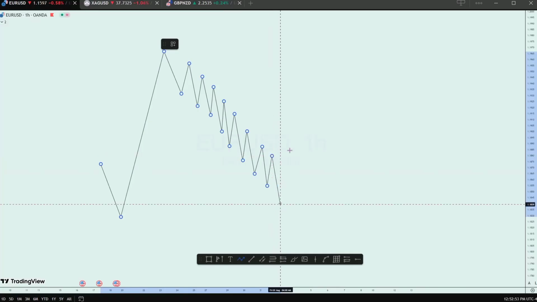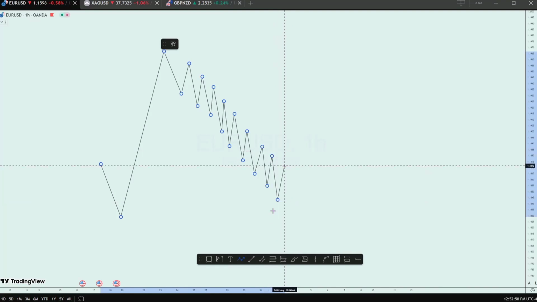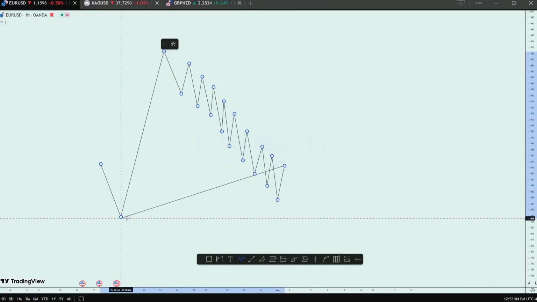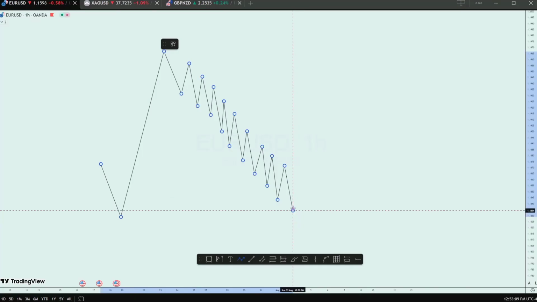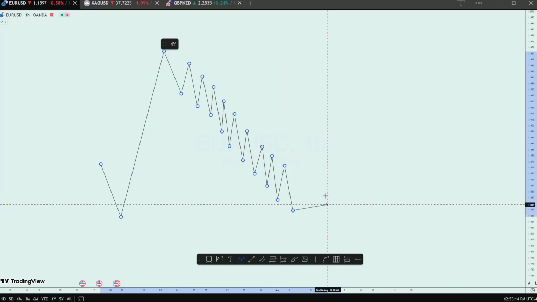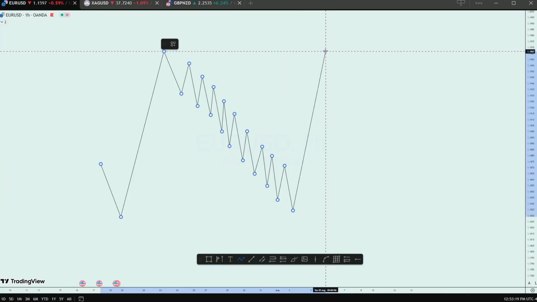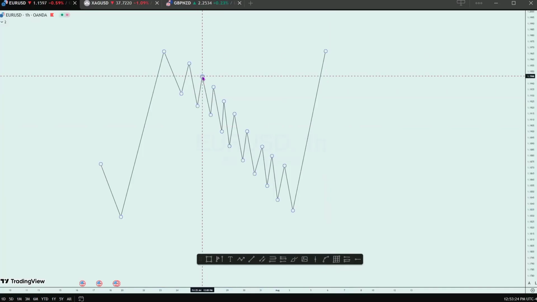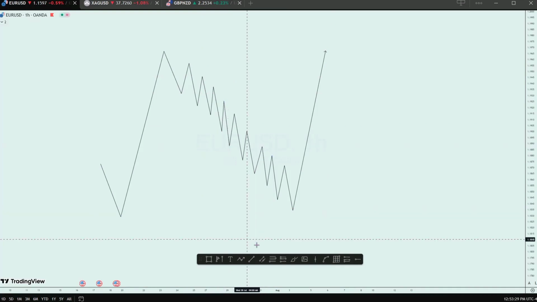So price taps into our main POI. Then the next move after price gets into our POI, this point becomes our minor structure.